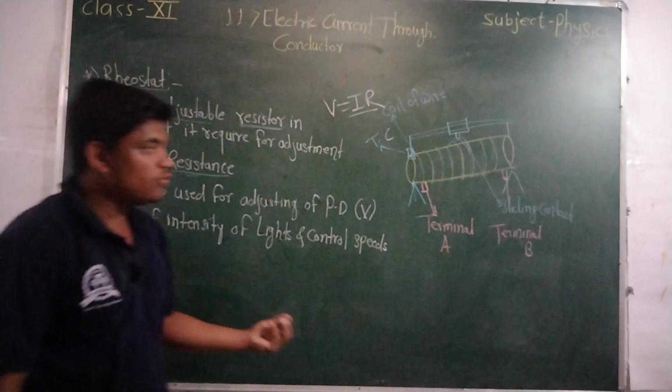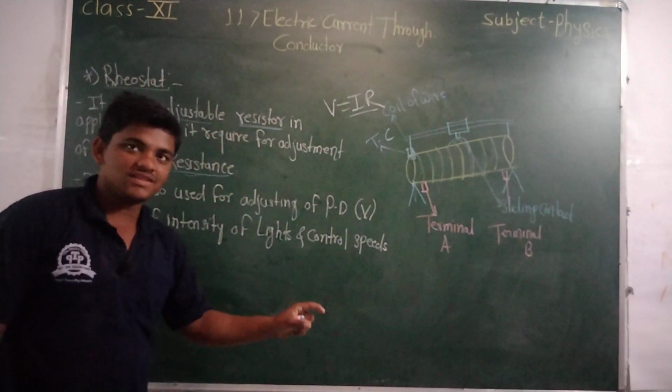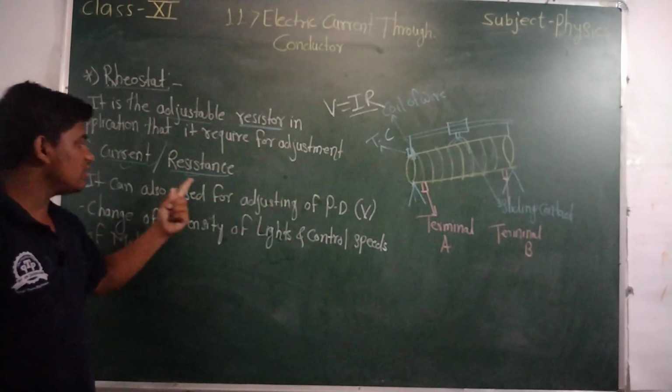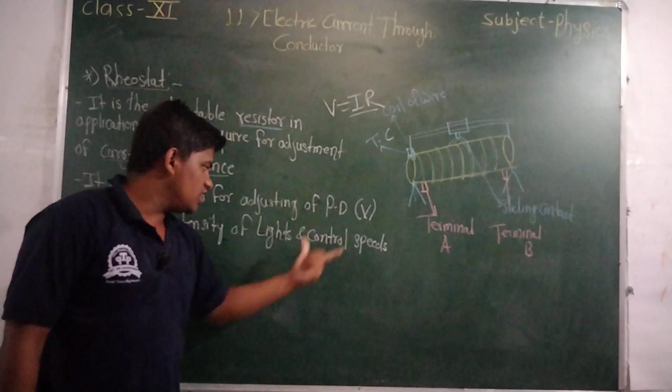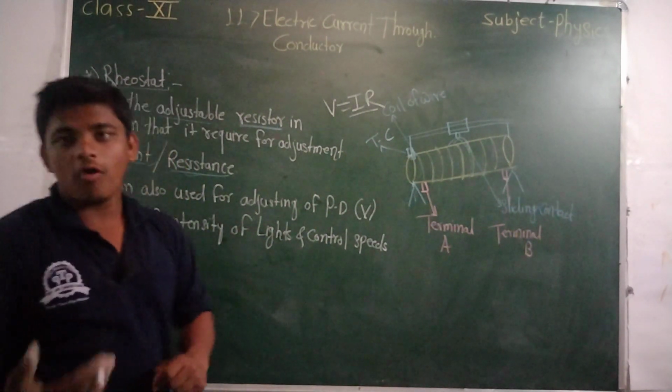This is a useful adjustable device which can adjust the current, resistance, potential difference, the intensity of light, and control the speed of motors.